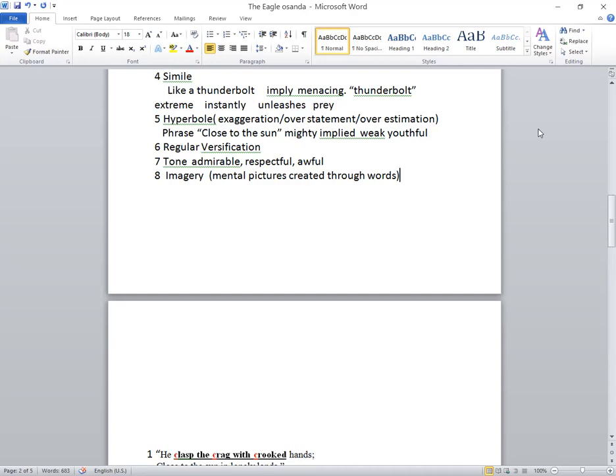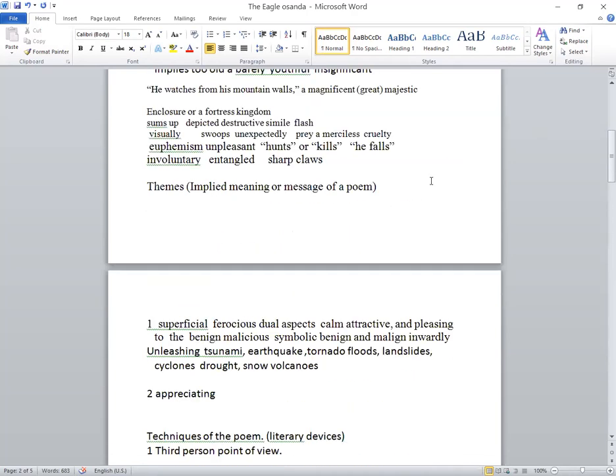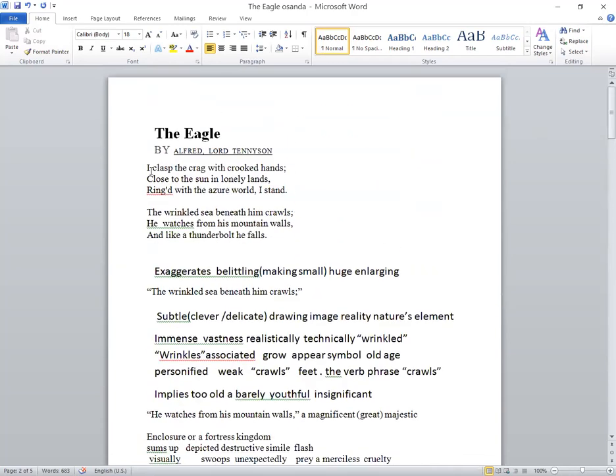In that display, you will create such pictures through the words given by the poet. Now let's go back to the poem. He clasped the crag with crooked hands.